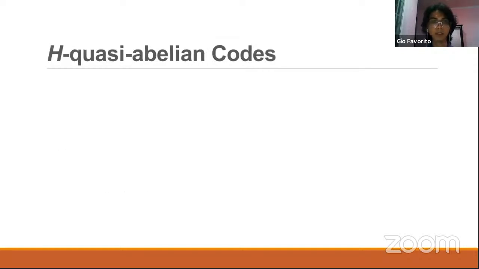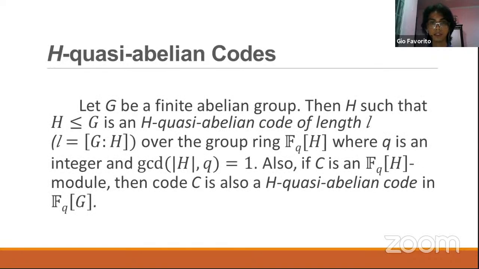So let me introduce H quasi-abelian codes. Let G be a finite abelian group. That is our first premise.